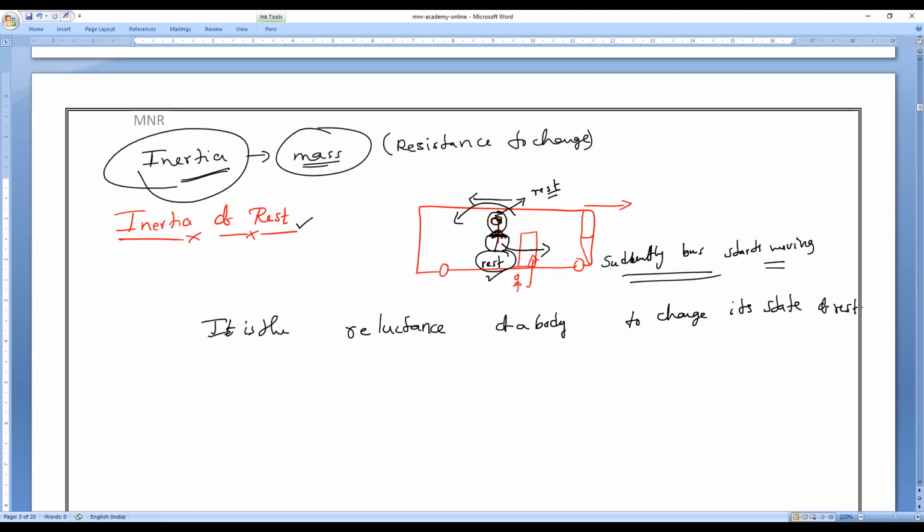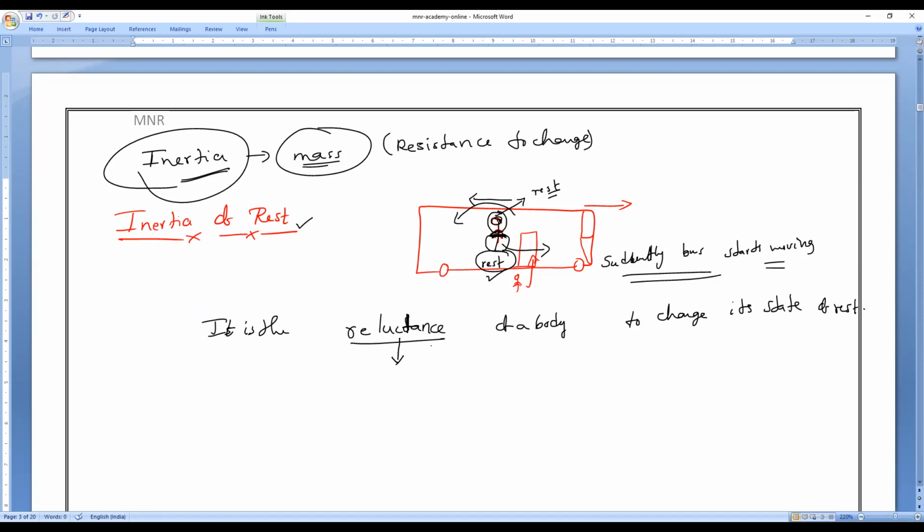All of you clear? Please respond, everybody. So that is the meaning of it. What do you mean by that? Reluctance means unwilling, or we can say no to the change. For example, somebody says something, you are not willing to accept it, or we are not willing to do it, we say reluctance.